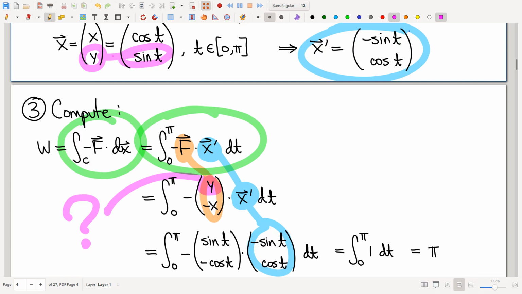You always do your pullback in terms of your parameterization. The y is sine t, and that's how we get that right there. Likewise for x. Everybody buy it?